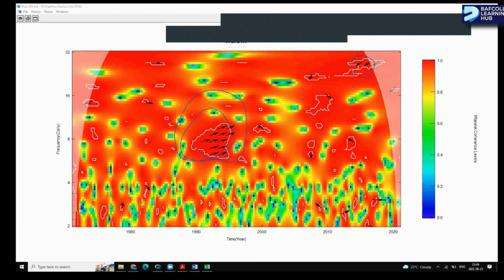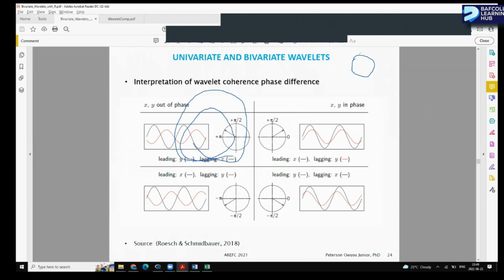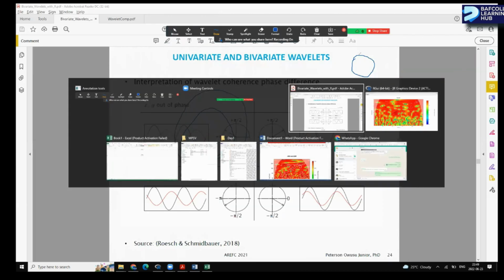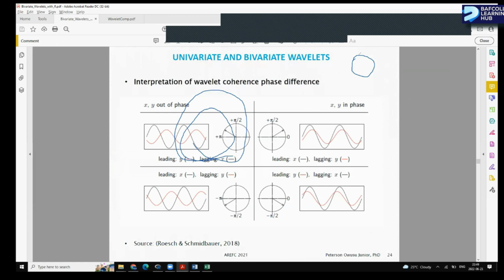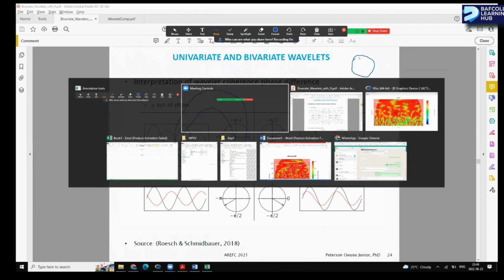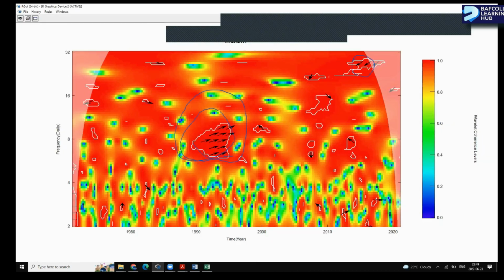So they are out of phase, and X is leading. In phase and X is leading. So here they are in phase, X is leading. They are out of phase, X is leading. So X is the king. You know which period they occurred.